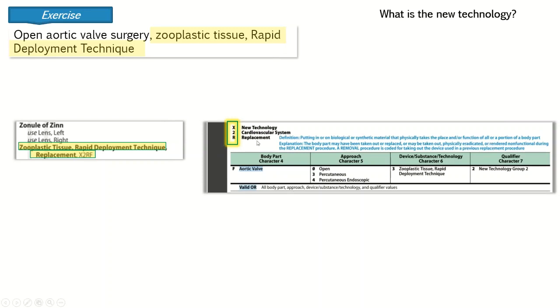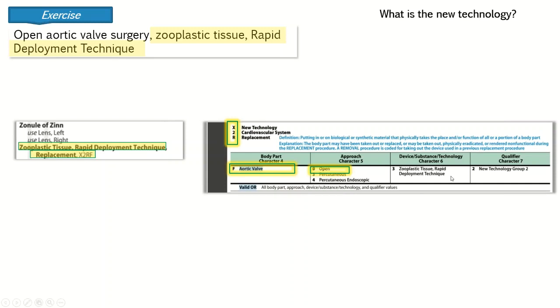Okay. Fourth character shall be aortic valve as represented in our documentation. And then our fifth character, well, it's either open approach, percutaneous, or percutaneous endoscopic. Our documentation leads us to open, so that's what we're going to choose.